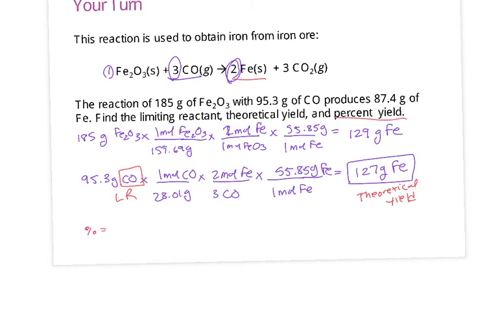Our percent yield is our actual yield that we got here, 87.4 grams, divided by our theoretical yield, the one that we should get, times 100. And this gives you 87.4 divided by 127 times 100, which gives you a 68.8% yield.